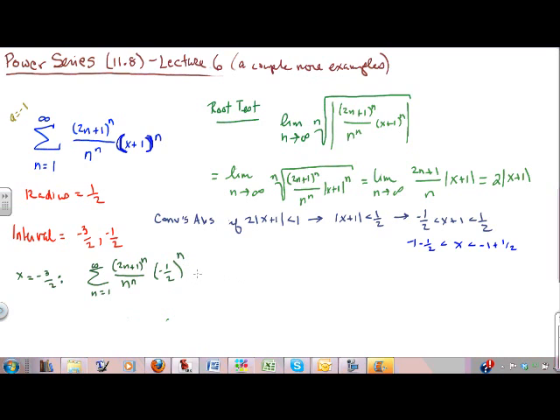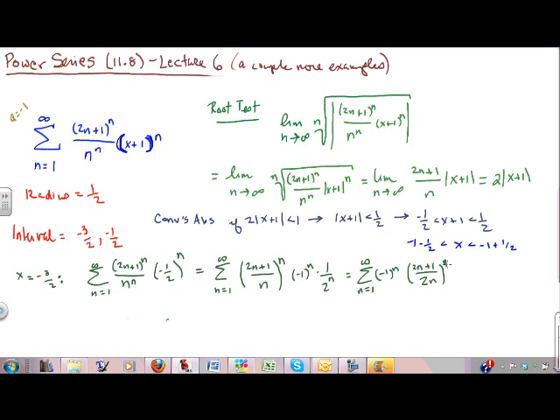And that can be rewritten as the sum, n equals 1 to infinity. Let's write this like this. (2n plus 1) over n to the n times negative 1 to the n times 1 over 2 to the n, which is going to be the sum, n equals 1 to infinity of negative 1 to the n times (2n plus 1) over (2n) to the n.